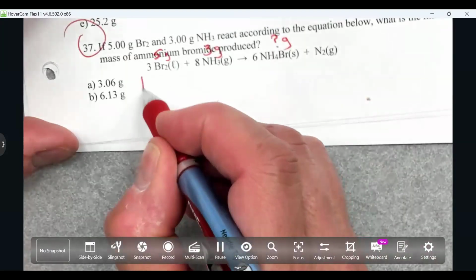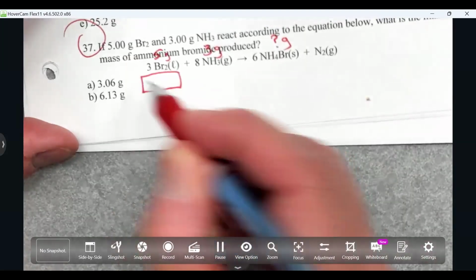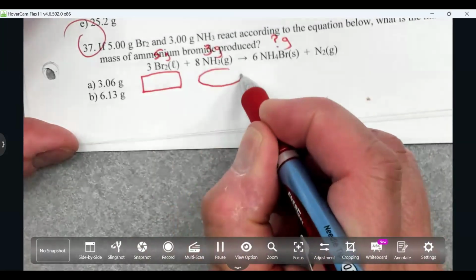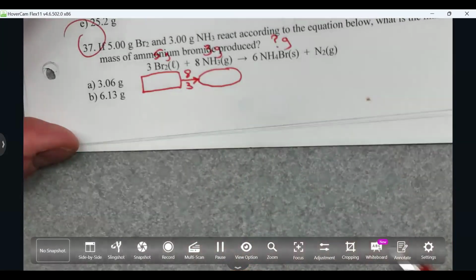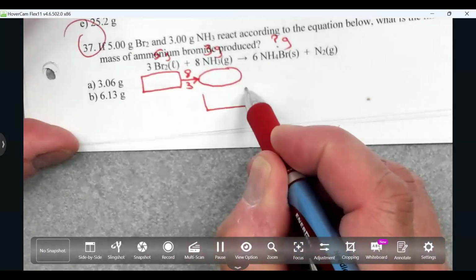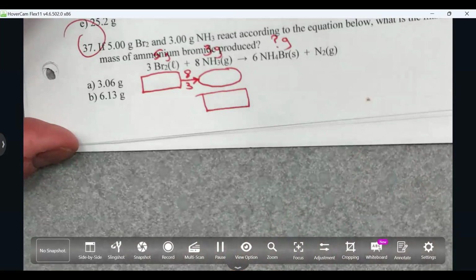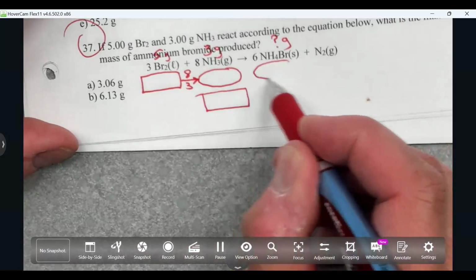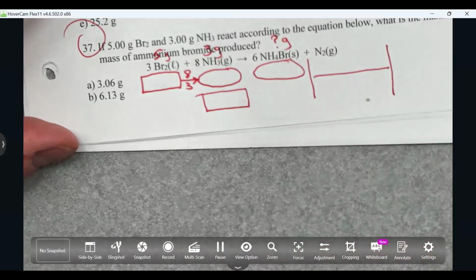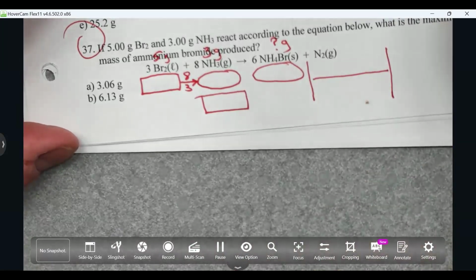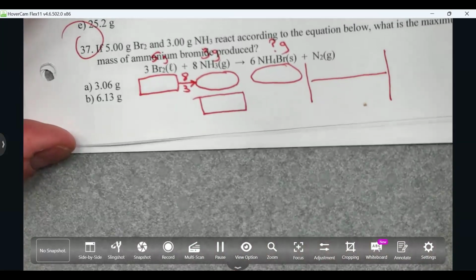So you need to figure out how many moles of bromine. You need 8/3, and then how much you have. And then get your moles here, and then the grams, right? That is a limiting problem, 37.